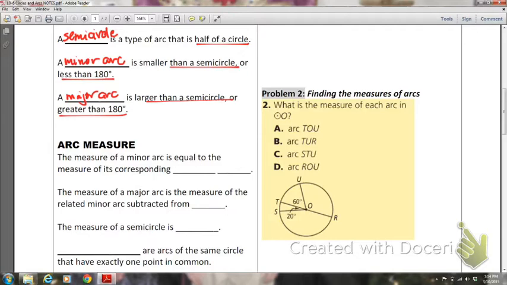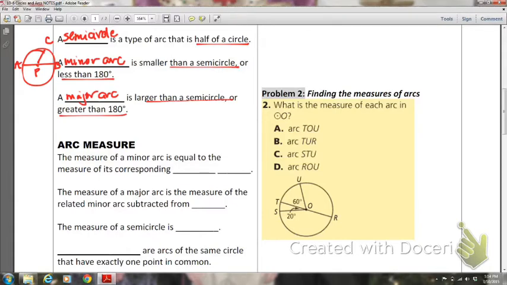So let me see if I can give you an example. We have circle P again, and AB is the diameter, and then let's do point C. I know that's out of order, but that should give me enough.